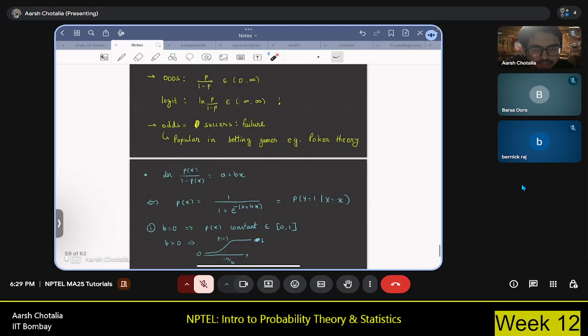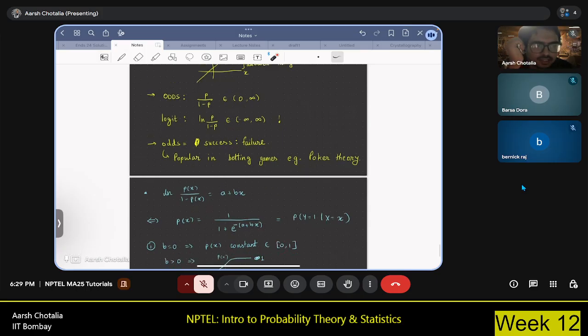By the way, if you are interested in betting games such as poker, then you can look at poker theory. There are courses on that online, which are taught in top universities. So you can look at them and they regularly talk about odds instead of probability, because then the thinking becomes much more natural.